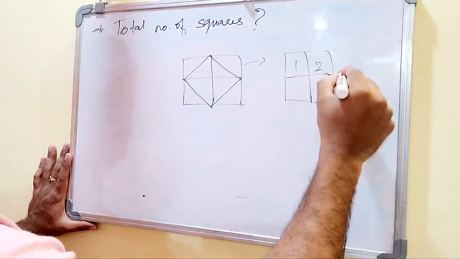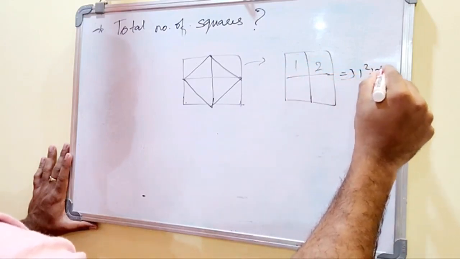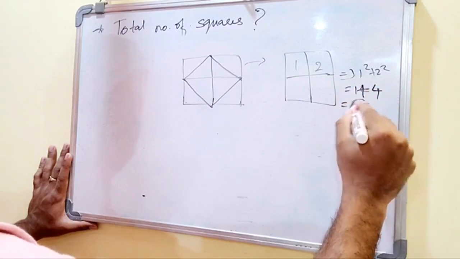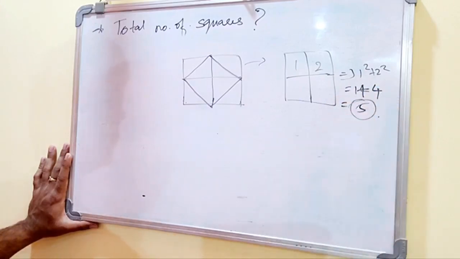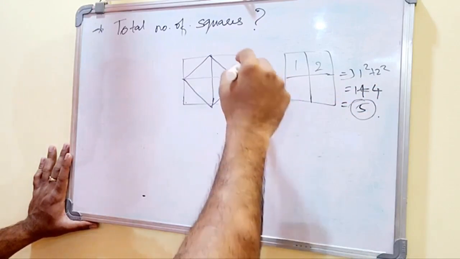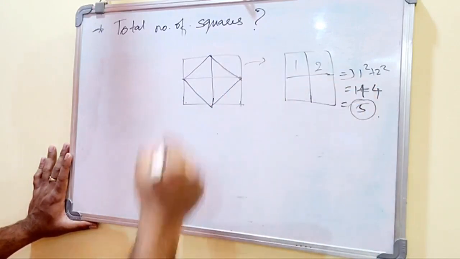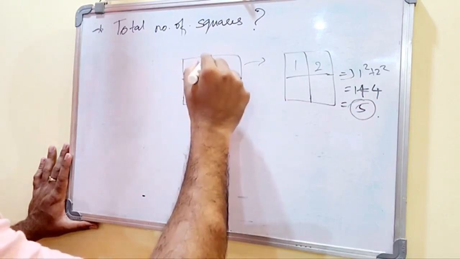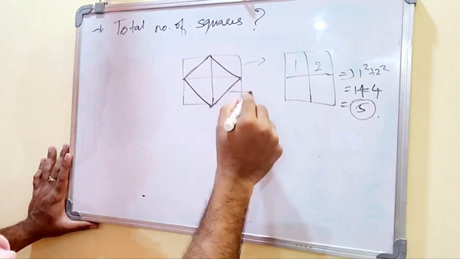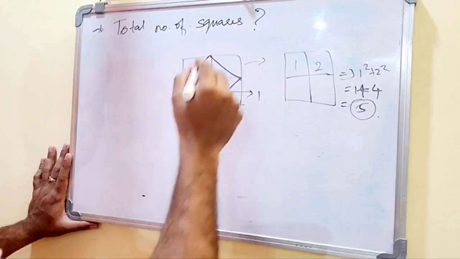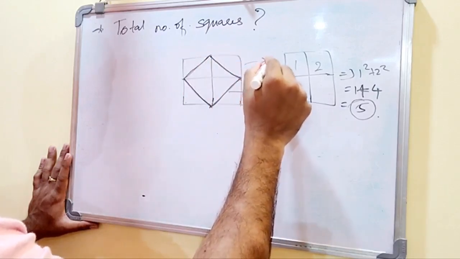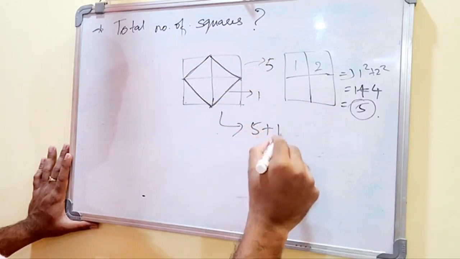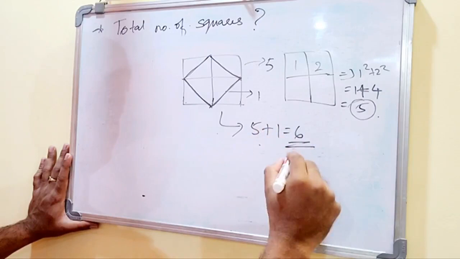From this we can calculate the total number. 1 square plus 2 square is equal to 1 plus 4, which is equal to 5. So this figure contributes 5 squares, and this is one more square. This contributes 1. So total number of squares in the given figure is 5 plus 1 equals 6.